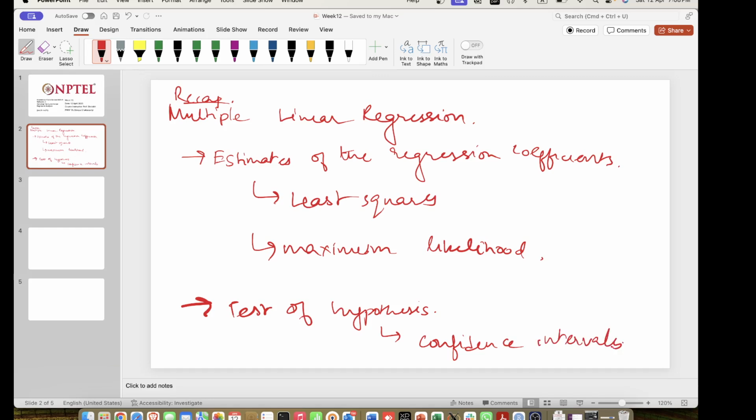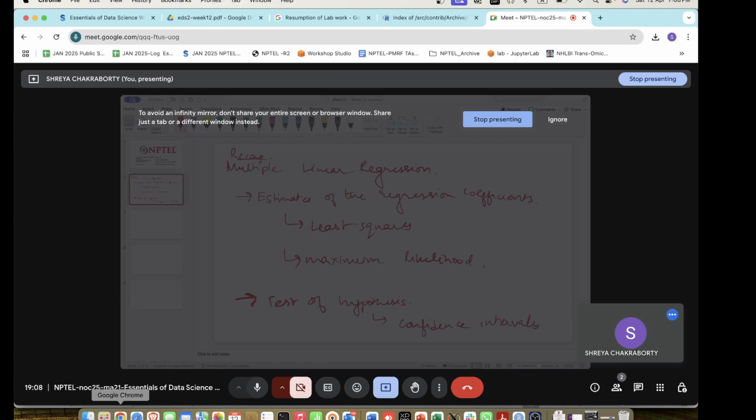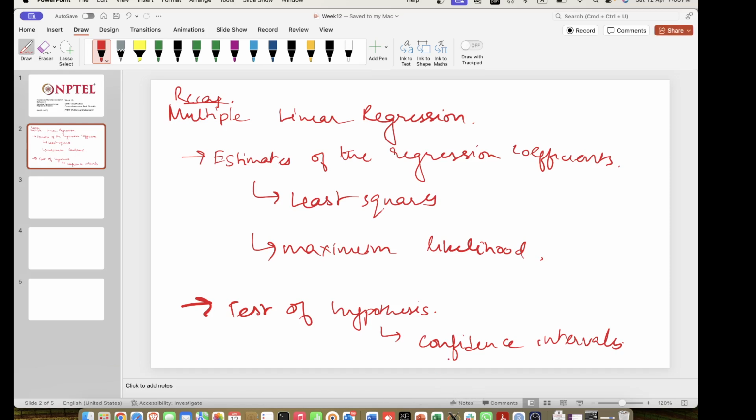Apart from these, we also learned about some properties of the estimators we were using, basically the OLS estimators: whether they are unbiased or not, whether they have minimum variance or not, and the assumptions under which these have been derived.